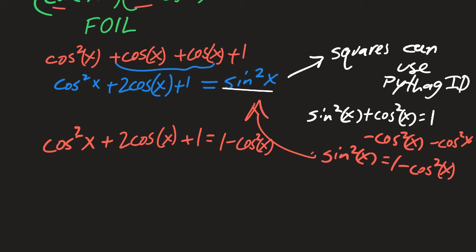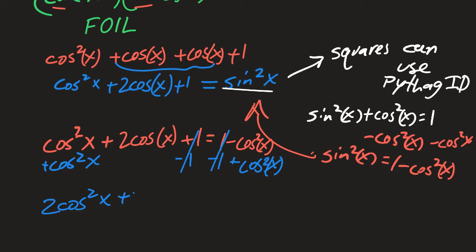Let's go ahead and move everything to one side, and that way we'll be able to get something more like a solution. So let's subtract 1. These 1's are going to cancel each other out. And I'm going to add cosine squared to each side. And I've got 2 cosine squared x plus 2 cosine x equals 0.